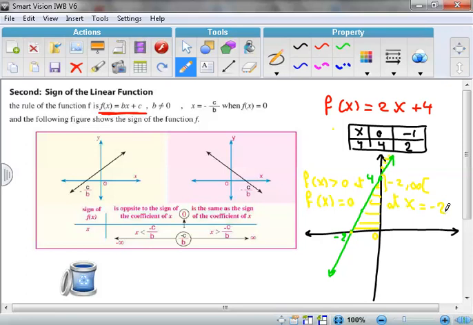When the line lies in the negative part, in this part, then we say f of x is less than 0 on (negative infinity, -2). Open interval like this.